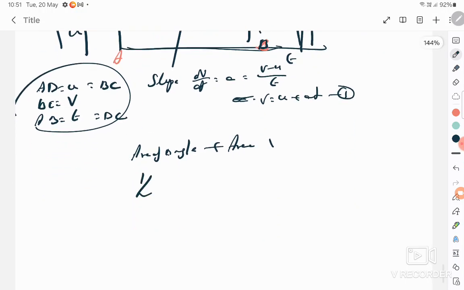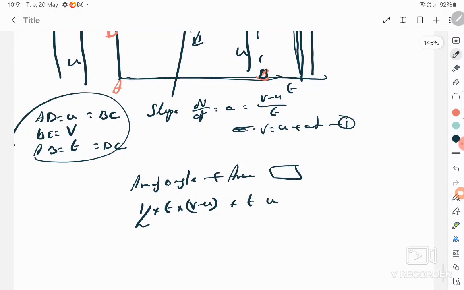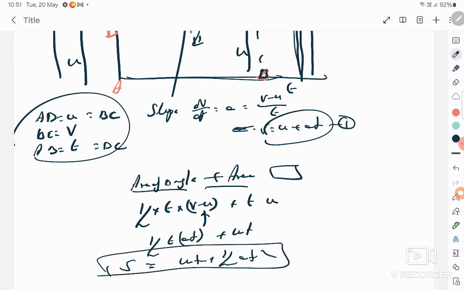Area of the triangle is half into base, which is t, into height, which is v minus u, plus area of the rectangle is base, which is t, into height, which is u. You can write this v minus u from the first equation as at. So half t at plus ut, so ut plus half at square. Thus you get your displacement, which is area under the graph, by adding area of triangle plus area of rectangle.